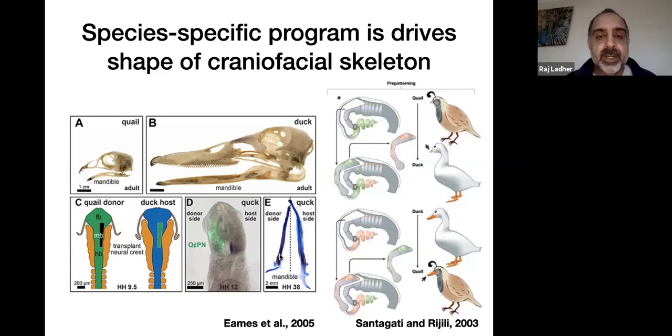What's not clear is, if you were to take a quail donor and put it in a duck host, is there a stage at which the quail donor would be able to take on a duck-like morphology? And then what's driving that duck-like bill morphology as opposed to this beak morphology? That's still an open question.